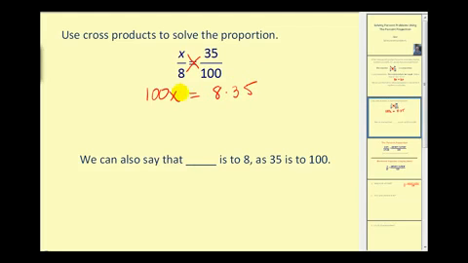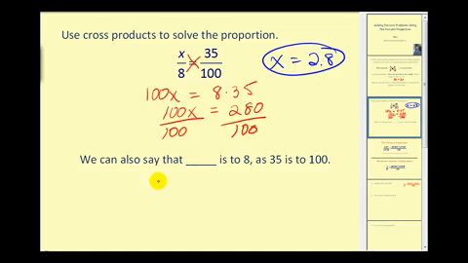So we have an equation that states 100x is equal to 280. So now we can solve for x by dividing by 100 to obtain the value of x, which is 2.8. So we can say that 2.8 is to 8 as 35 is to 100.